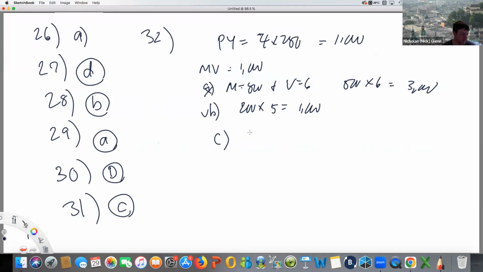There could be more than one. M equals 700, V equals 2. So that's 1,400. So it's not C. What about D? 500 times 2 equals 1,000. All right, so it could be B or D, either one of those.